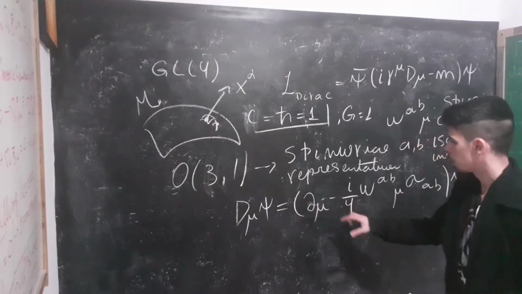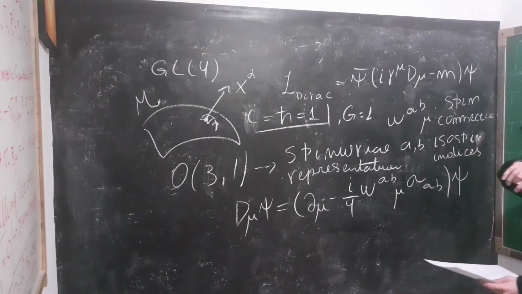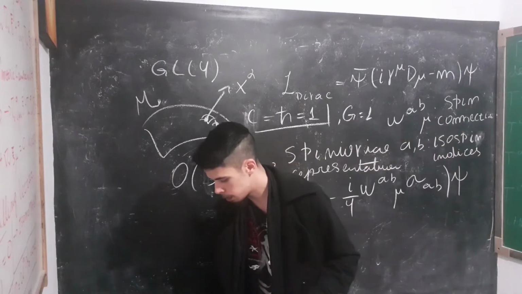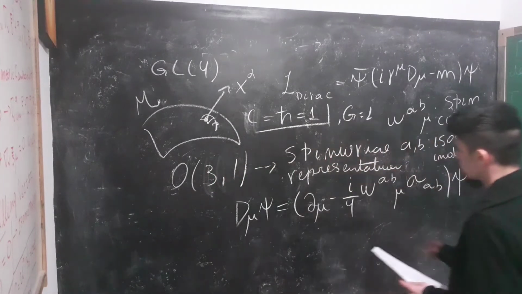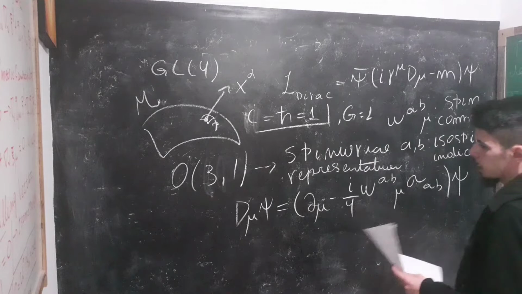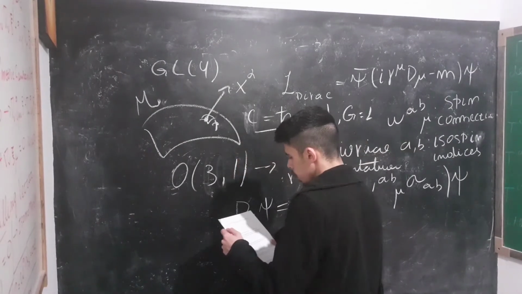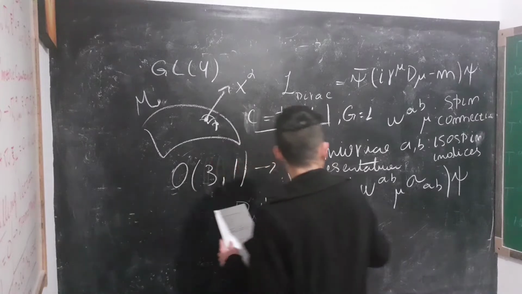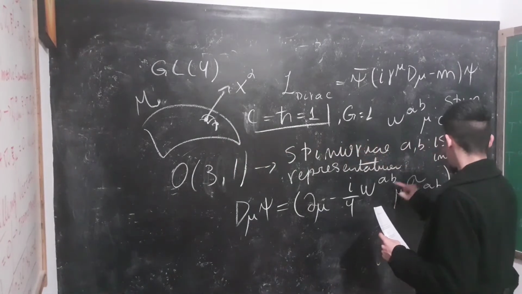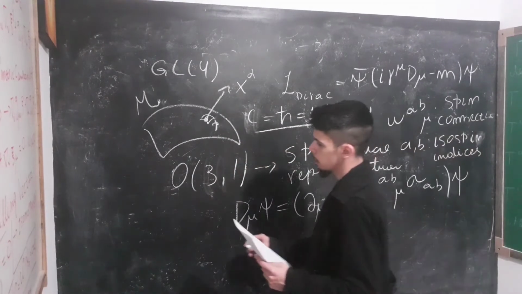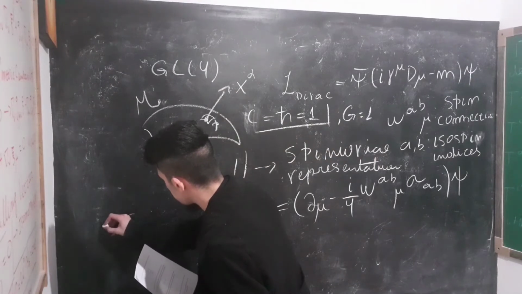However, this is not enough. What we need to do is very complicated, but there are some exceptions, but we can construct it. Alright, to take care of these isospin indices, let me just write some relations.